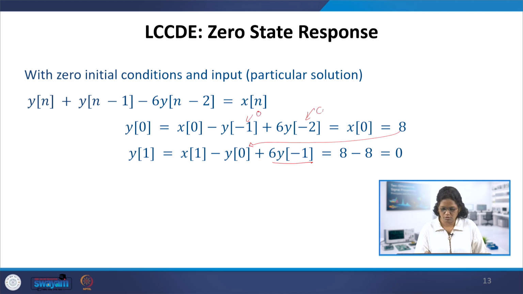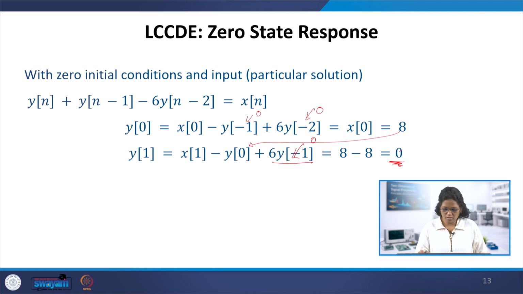We have to put 0 here, and this is also 0, which should be noted. So, these known values we have not used in the case of the zero state response. So y of 0 is 8 and y of 1 gives 0 over here. These two values are different from the y of 0 and y of 1 we obtained with the same equation in the previous case.